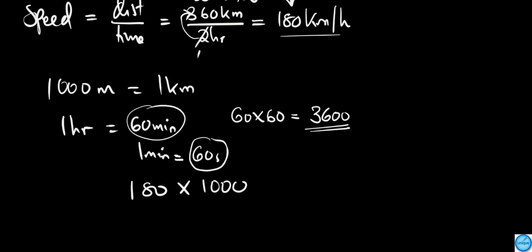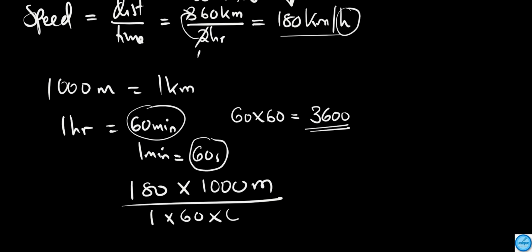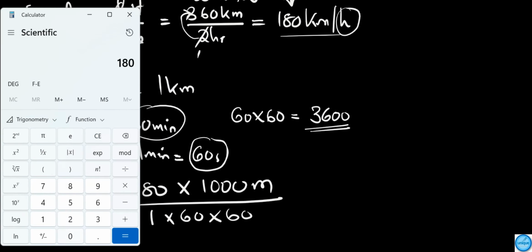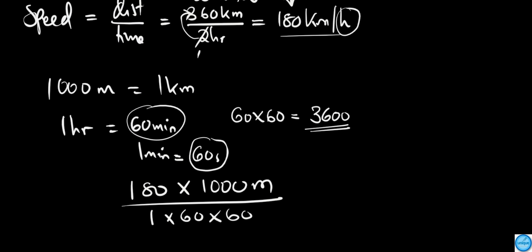Then we divide by 1 hour multiplied by 60 minutes multiplied by 60 seconds. 180 multiplied by 1000 is 180,000. We divide this by 3600, and the answer is 50 meters per second.